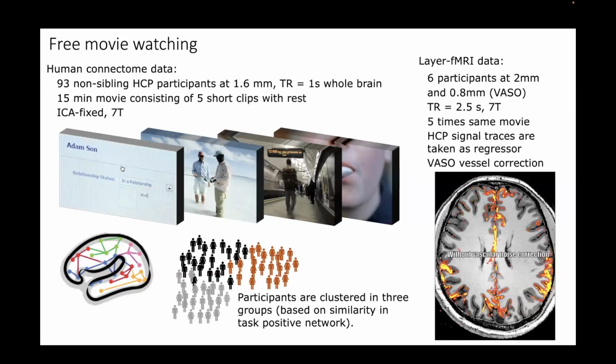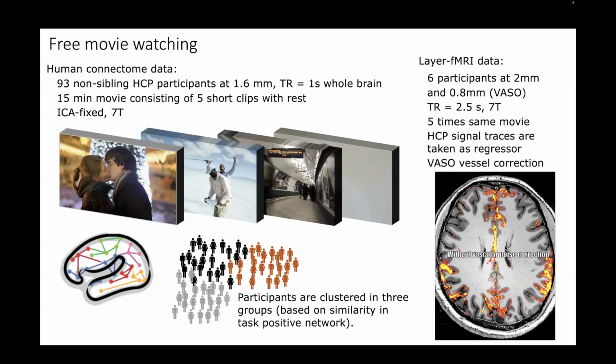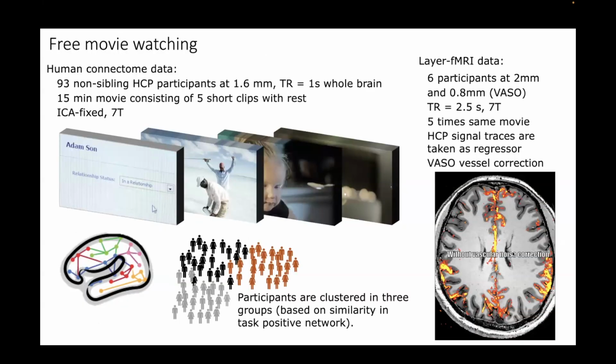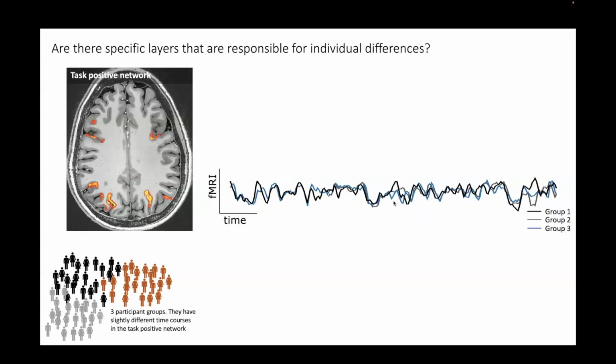Now, using these same movies and having the data of low resolution across the whole brain also allows us to do functional connectivity mapping across the conventional networks, for example, the default mode network, but more clear actually were the results in the task positive network, this frontoparietal network, where, using the HCP data, we saw that there are 3 different populations, or we forced it to be 3 different populations.